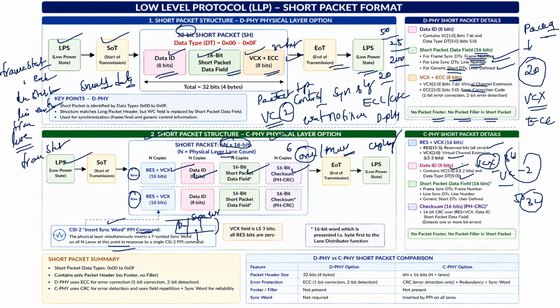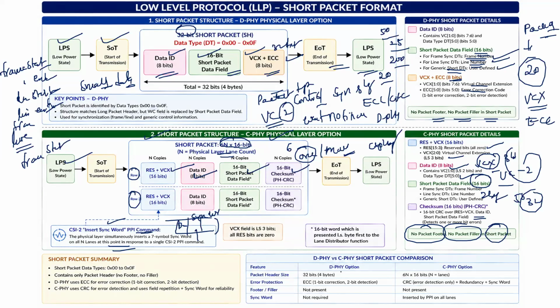The short packet supports 16 bits of data, that means 2 bytes of generic data that we are transferring. And the checksum, we are identifying some no packet error footer, and then no packet filter, or short packet methods we are using for that purpose.